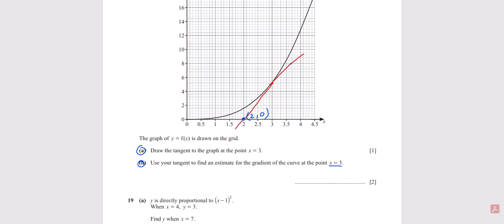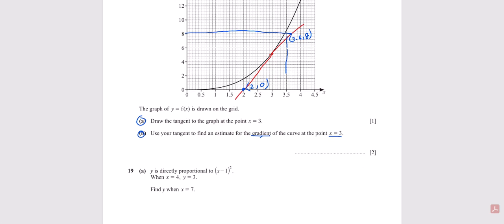So this one is 3.6, and second from this side is 8.